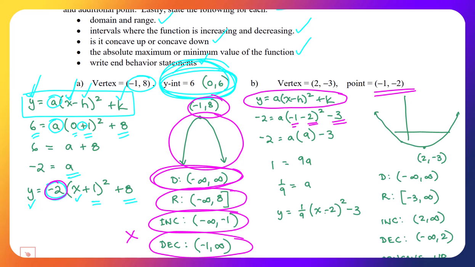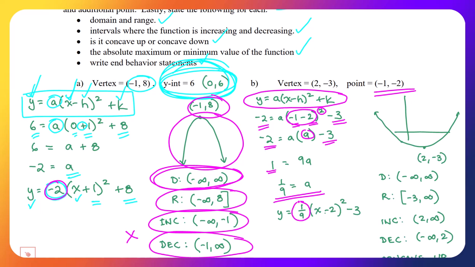We plug that in for the x and the y. So negative 1 minus 2 more is negative 3, squared is 9. We add 3 to both sides to get 1. We divide both sides by 9 to get 1/9.